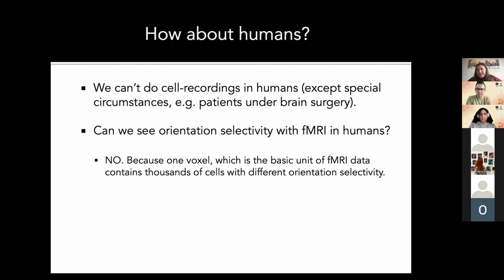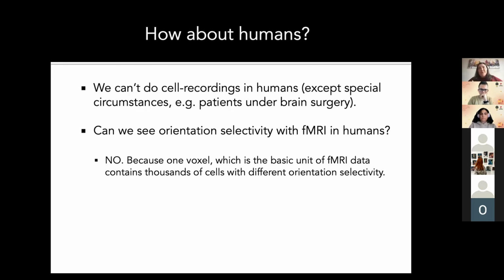Normally, if you asked in, let's say, 2005, anybody would say no, you can't do that, because as I mentioned at the beginning of my talk, one voxel, which is the basic unit of fMRI, contains thousands of neurons. And each of these neurons within the voxel may have a different orientation selectivity.